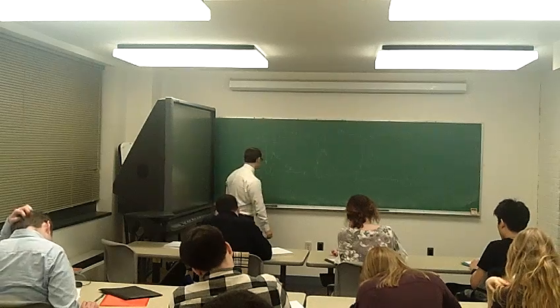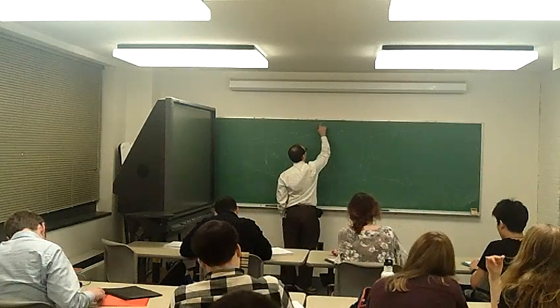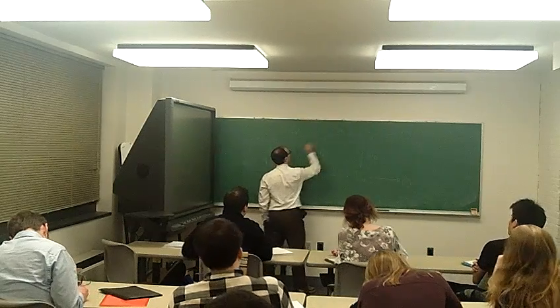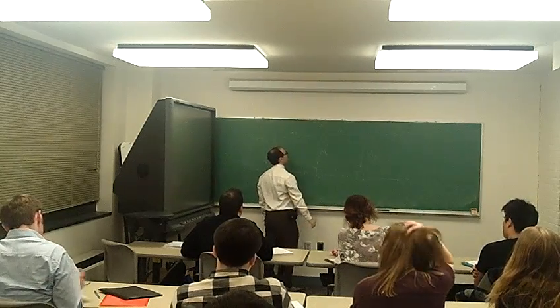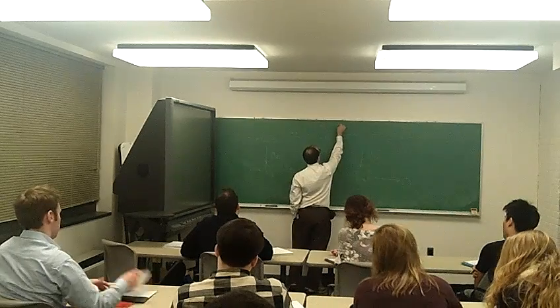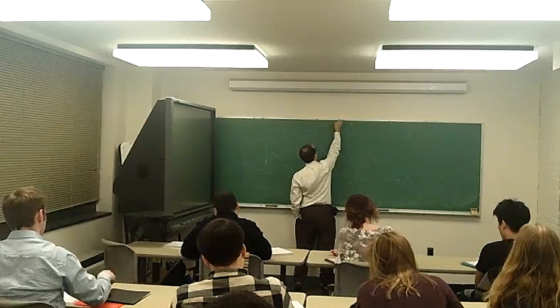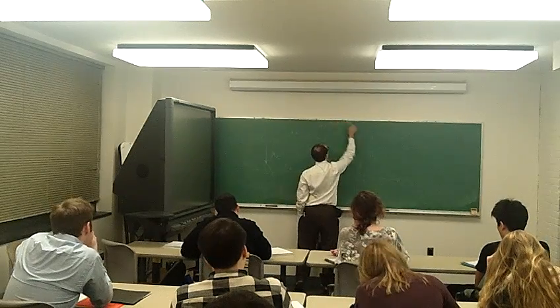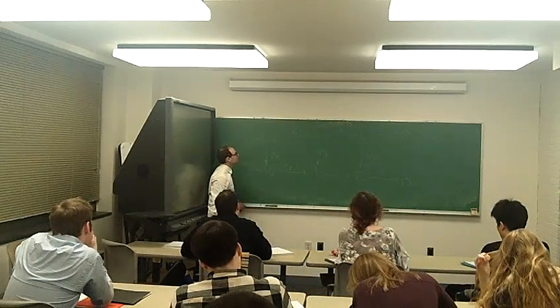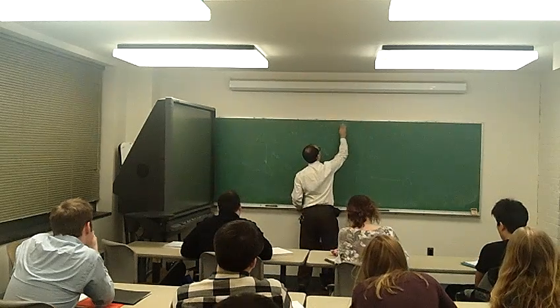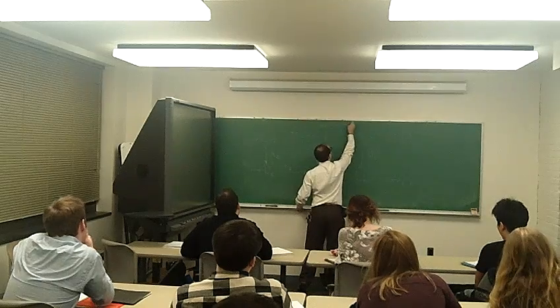Let's call it X. If I map X through M1, I get to 0. So M1 of X is 0.